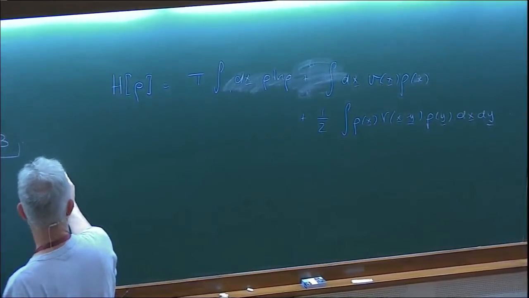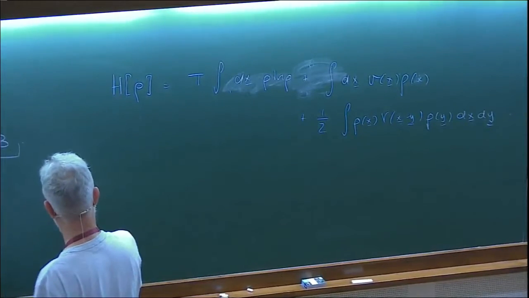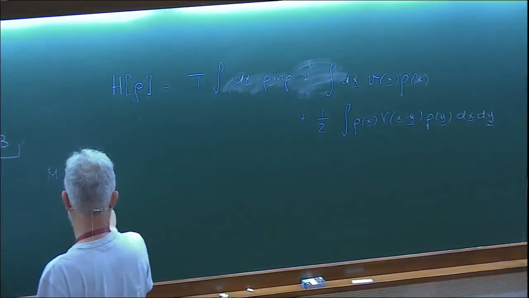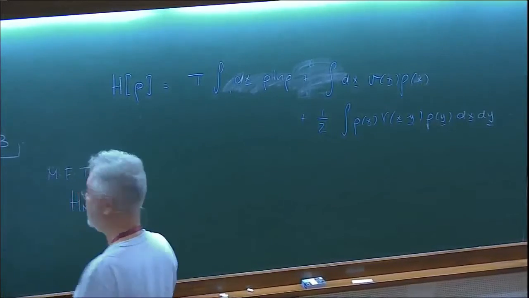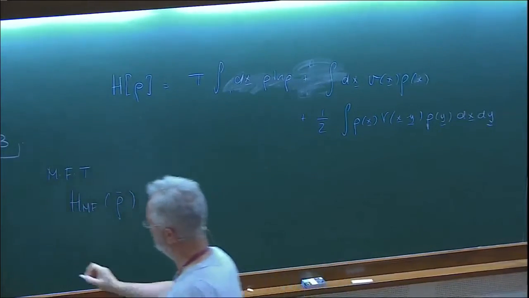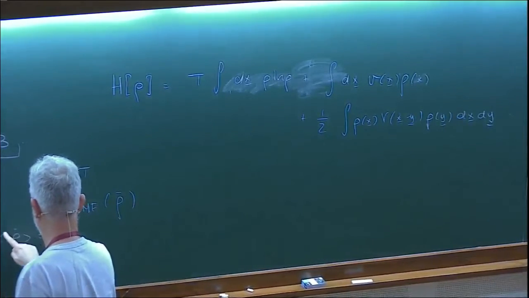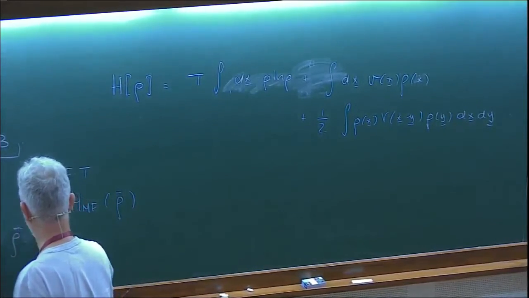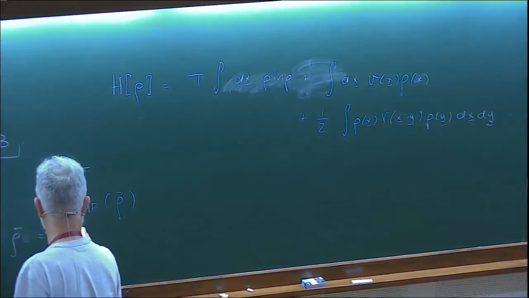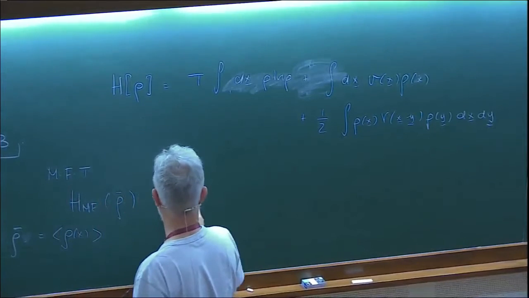Mean field theory is actually where you write down a functional for the average value of the density. Rho bar is my notation for the thermodynamic, the local average of rho, right? And so mean field theory is this.